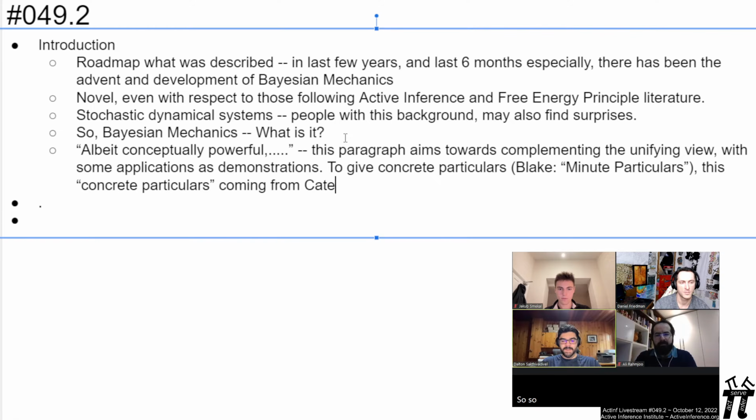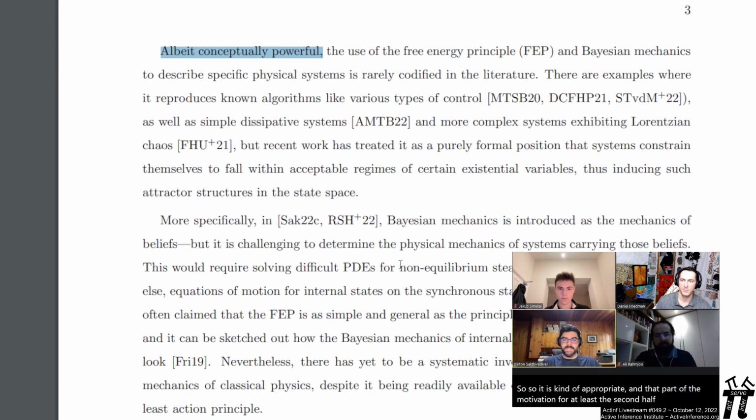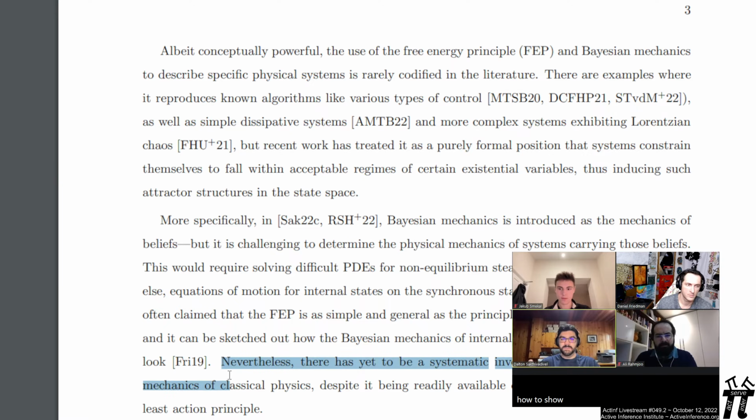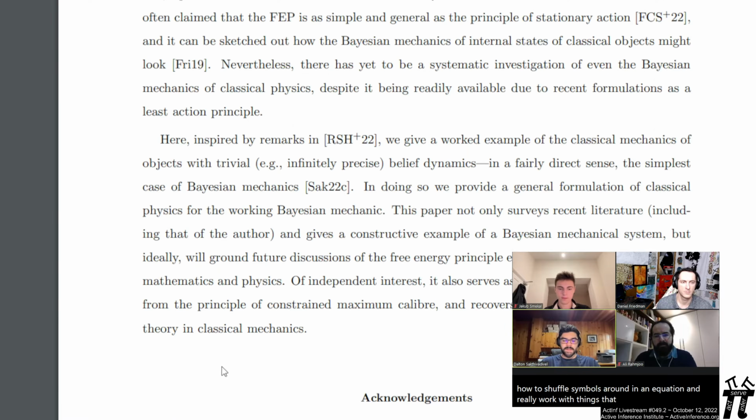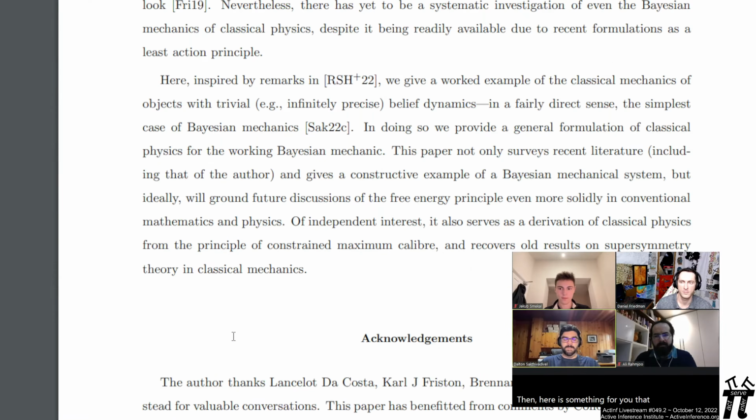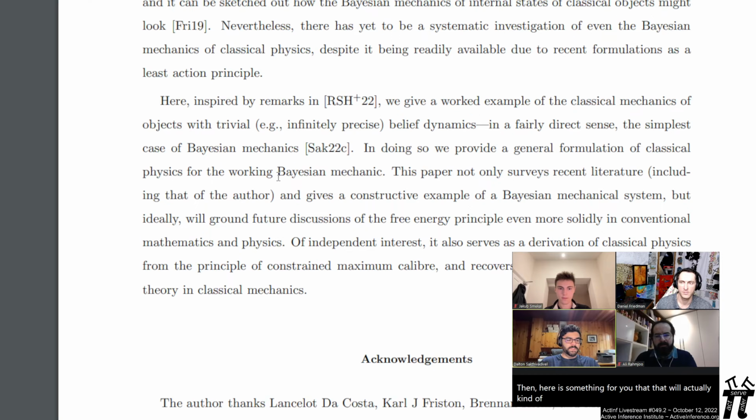So it is kind of appropriate that part of the motivation for at least the second half of the paper is to say, okay, we've done all this theory work and we've laid out precisely what this thing, Bayesian mechanics, is. And then to give it some meat to grab onto if you're someone that likes to actually write models or understand how to shuffle symbols around in an equation and really work with things, then here is something for you that will actually make things make sense to you.